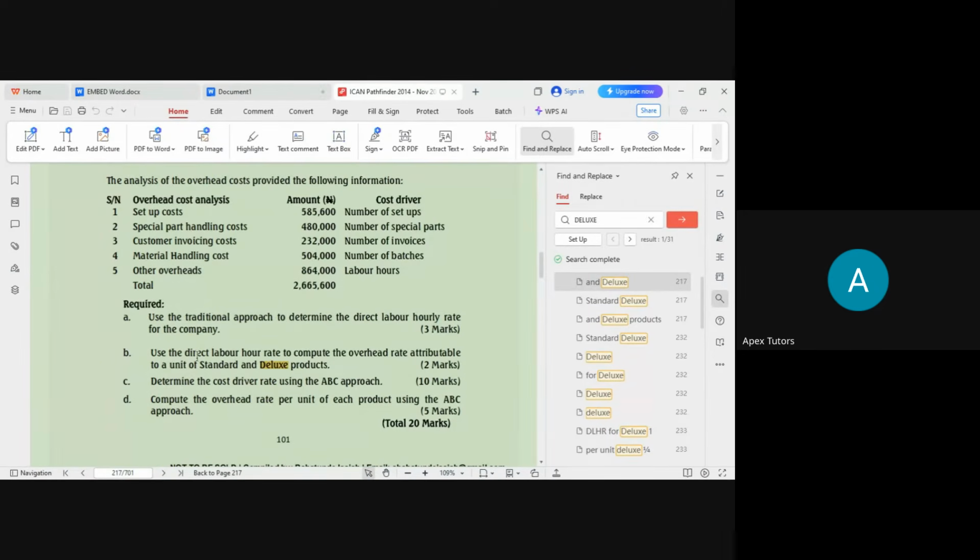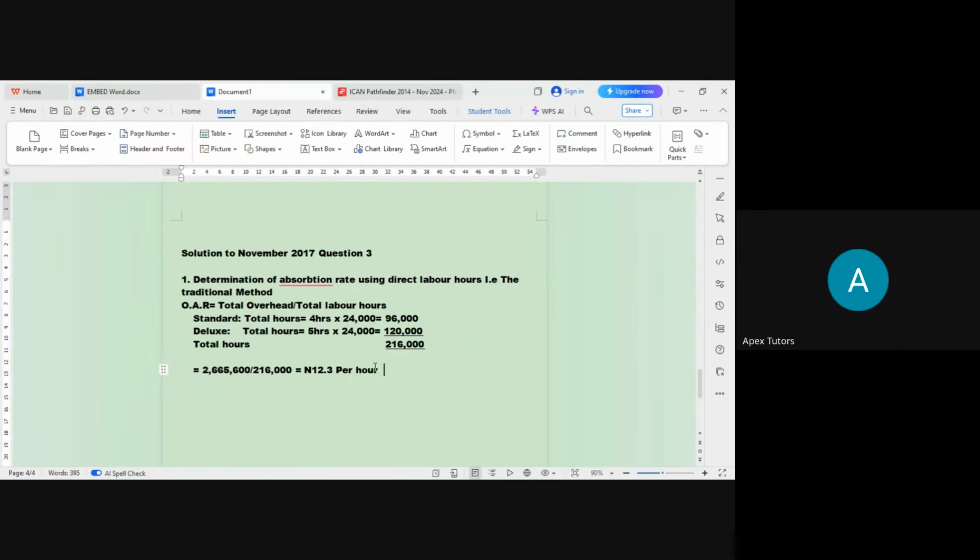So the question says use the direct labor hour rate to compute the overhead rate attributable to a unit of standard and the loss products. So the direct labor hour rate computed now is what? 12.3 naira per hour. So how many hours do we need for 1 unit of standard?